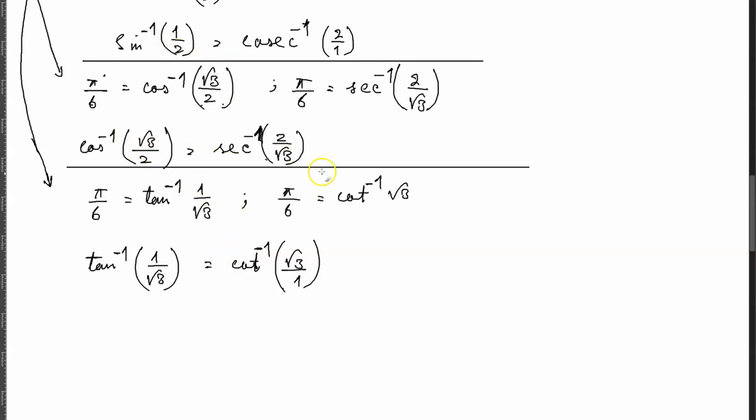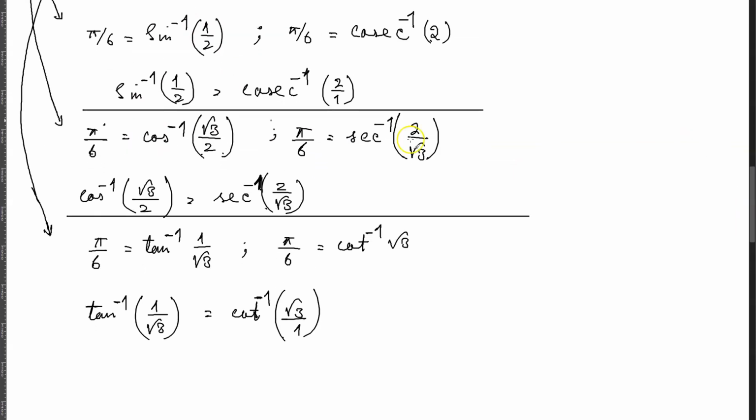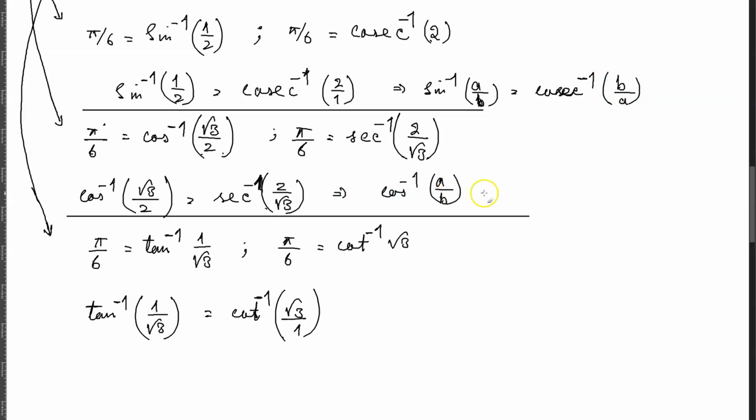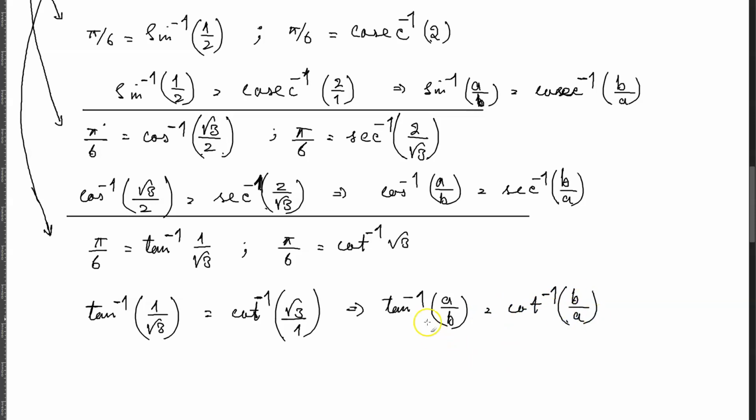So therefore, based on this one over here, you can say that the sine inverse of A by B is the same thing as the cosecant inverse of B by A. And also you can say that the cos inverse of A by B is equal to the secant inverse of B by A. And also the tan inverse of A by B is equal to the cot inverse of B by A, right?